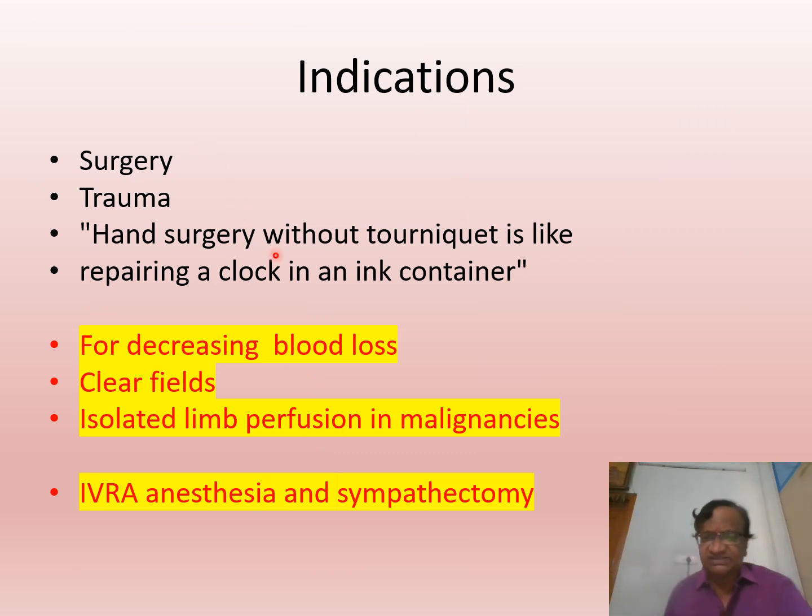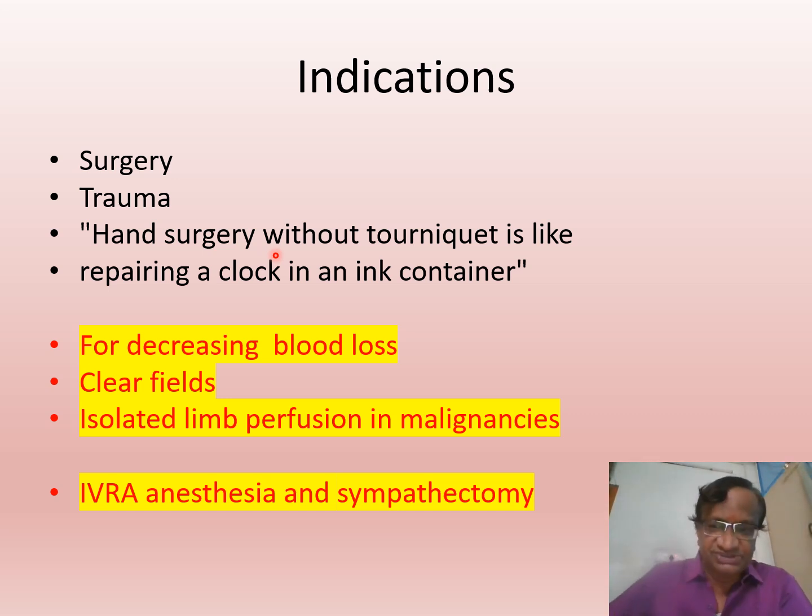What are the indications of a tourniquet? When do we have to put the tourniquet? Surgery, for example, distal upper limb surgeries or distal lower limb surgeries. Hand surgery without a tourniquet is like repairing a clock in an ink container, that was a famous quote.